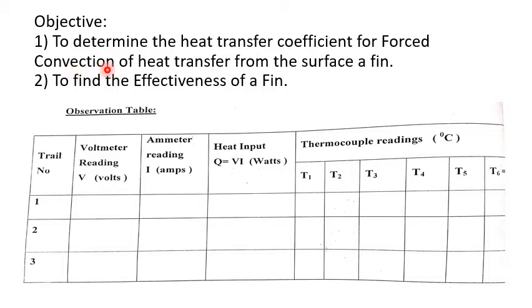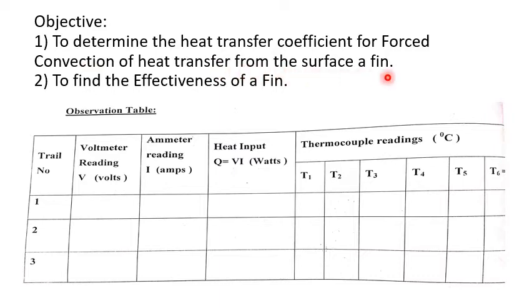If the fluid motion over the solid surface takes place by means of an external agency such as a blower or a fan, such type of heat transfer is called forced convection. For convection heat transfer, it does not mean that heat will transfer only from a solid surface to the fluid. Heat may also transfer from the fluid to the solid surface. It depends on the temperature.